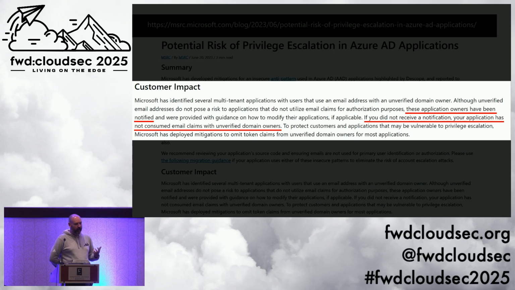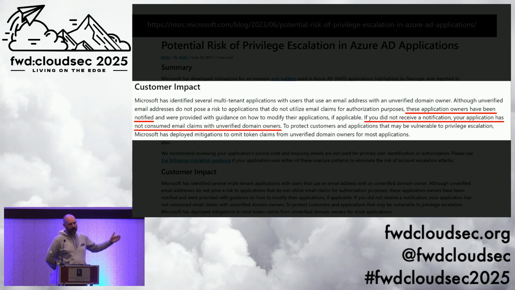Although unverified email addresses do not pose a risk to applications that don't utilize the claim for authorization purposes, these application owners have been notified and provided with guidance on how to modify their applications if applicable.